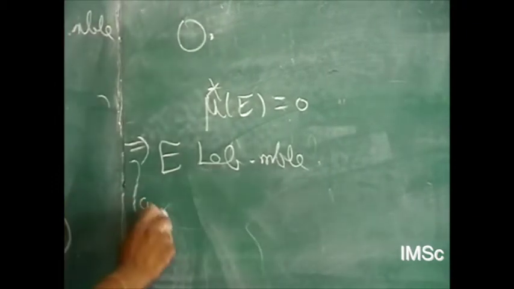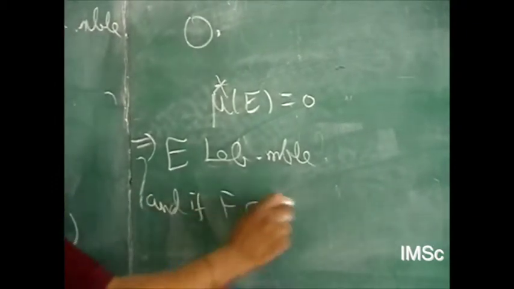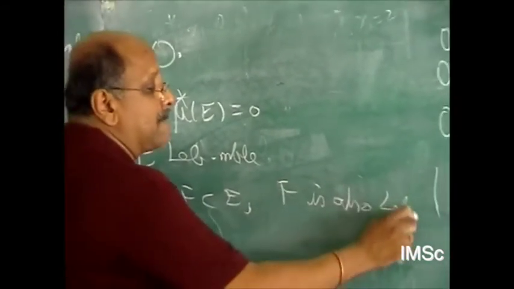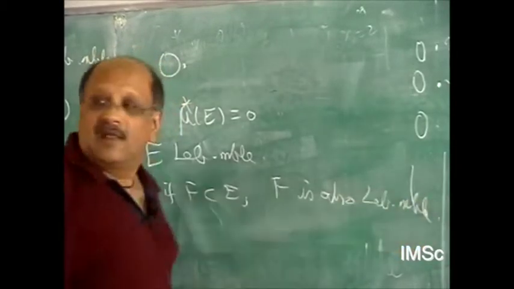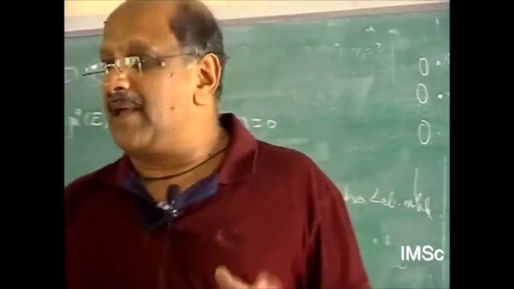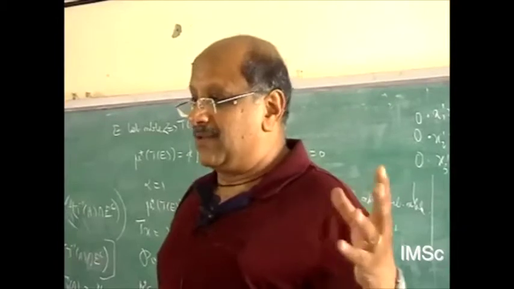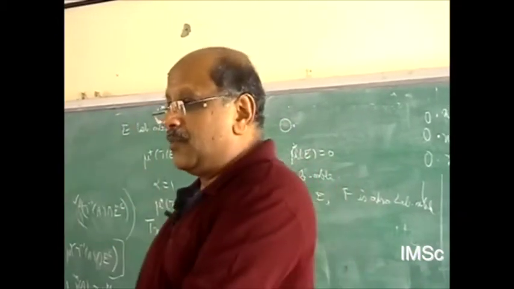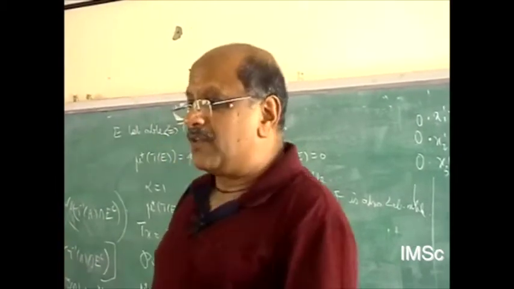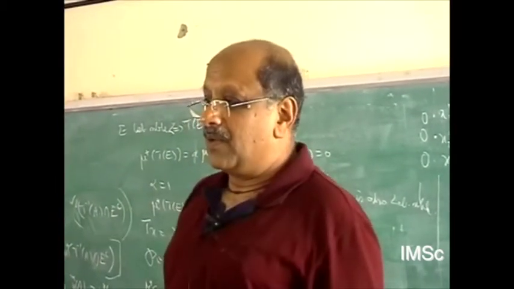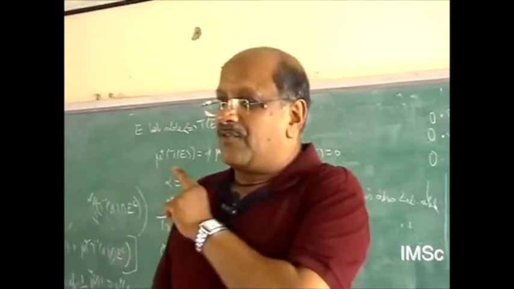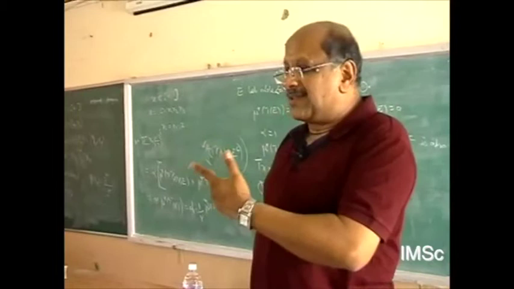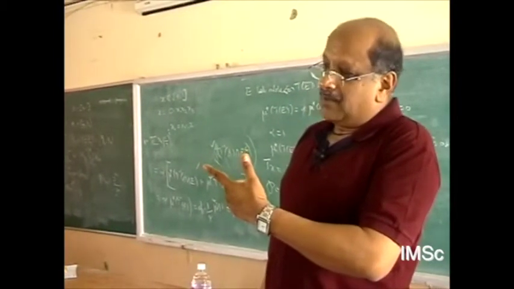And if F is contained in E, F is also Lebesgue measurable. This is the property which says that Lebesgue measurable sets are complete. So if you take any set of measure 0, it is measurable and all subsets of it are also measurable. Now the Cantor set is a set of measure 0. So every subset of the Cantor set is Lebesgue measurable.